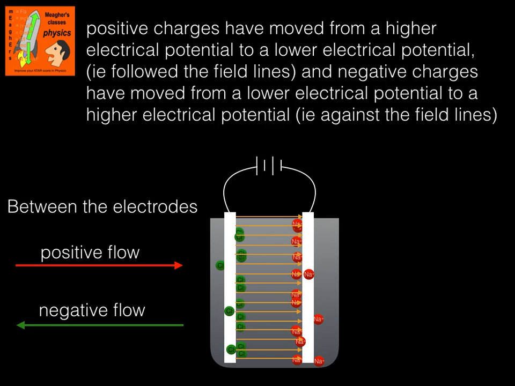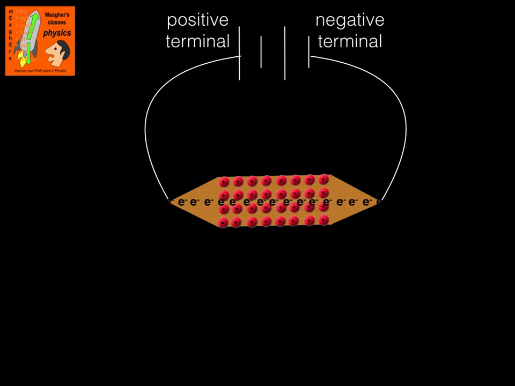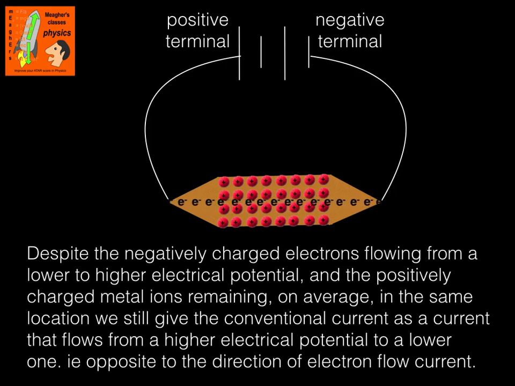Okay, now we don't have moving positive charges in a wire, a piece of metal, when it's in a circuit. So let's just have a look at what goes on there. If we had that same potential difference and stuck a wire in there, we'd find that spontaneously the negative electrons would flow from the lower electrical potential to the higher electrical potential.